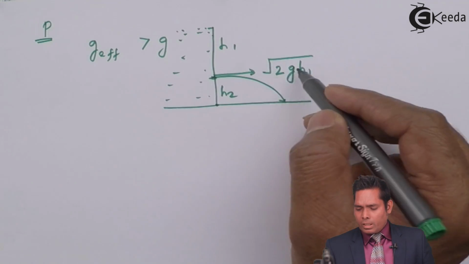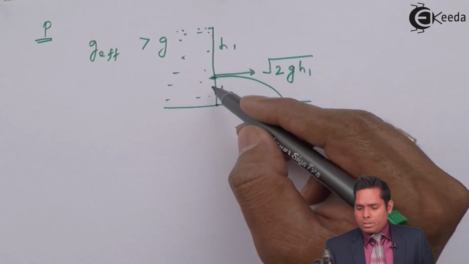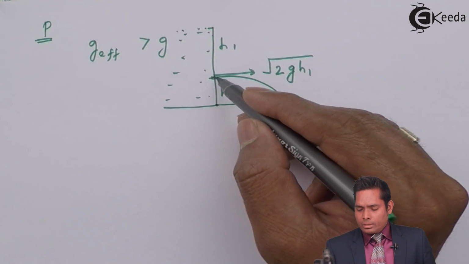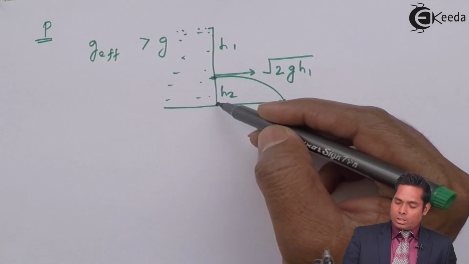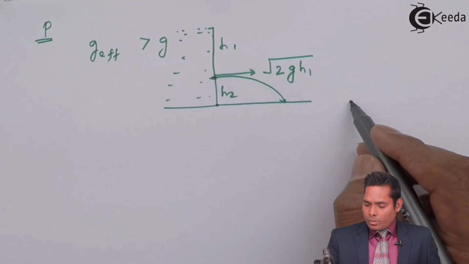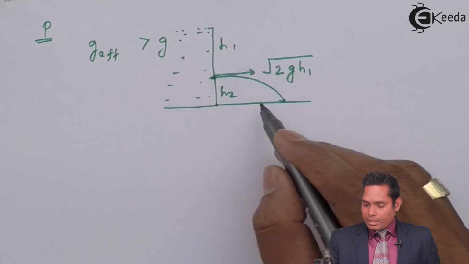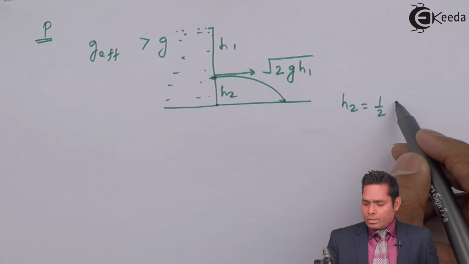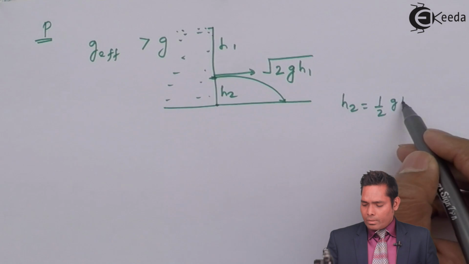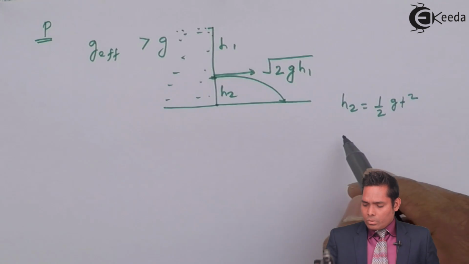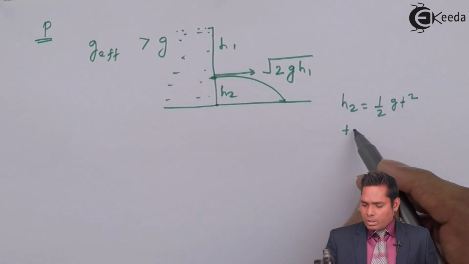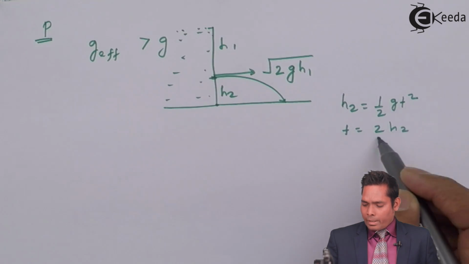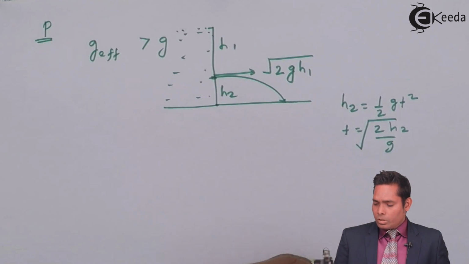The vertical velocity component is 0, and the time to reach the floor is from h2 equals half g t squared, so t equals root of 2h2 by g.